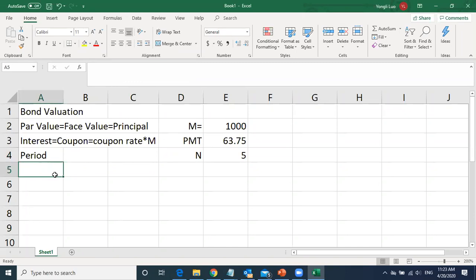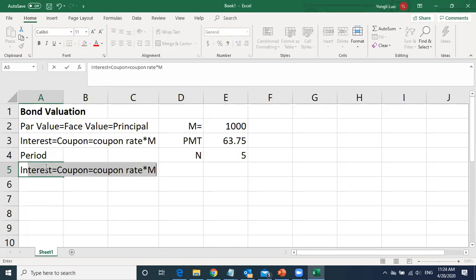What else are we missing? We are missing the interest rate, the required rate of return, or you call it the interest rate.